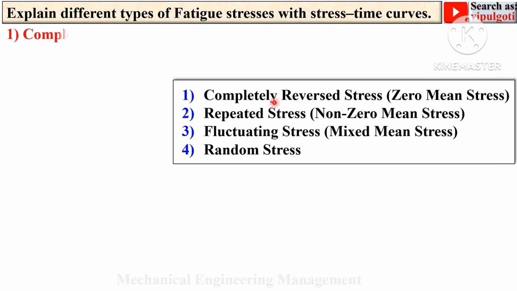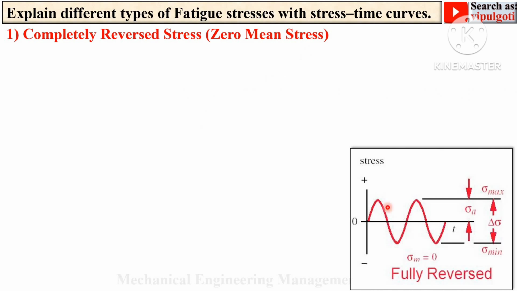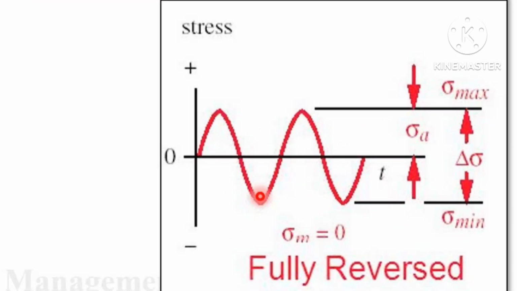So let's see the first one, completely reversed stress. It is also known as zero mean stress. This is the diagram for the fully reversed stress. In this diagram, you can see the stress value will vary from positive to negative, again from positive to negative.